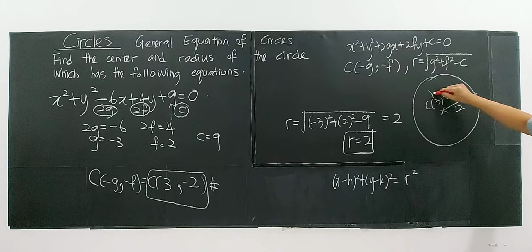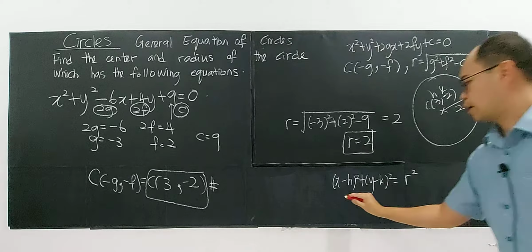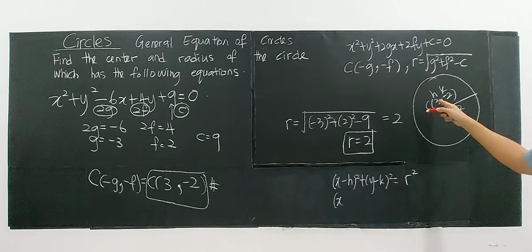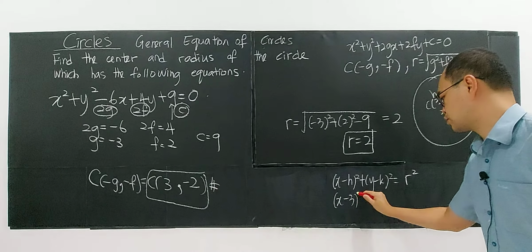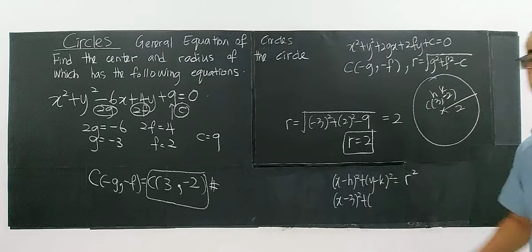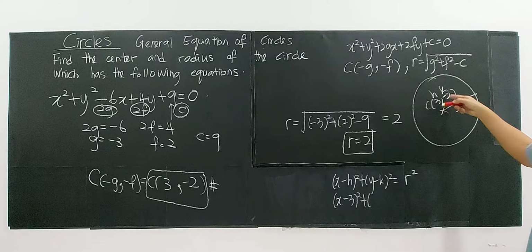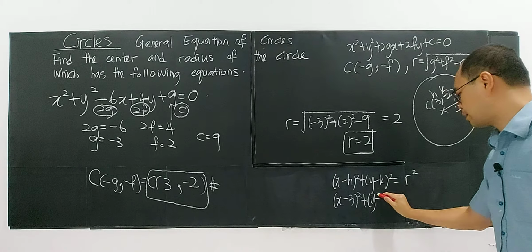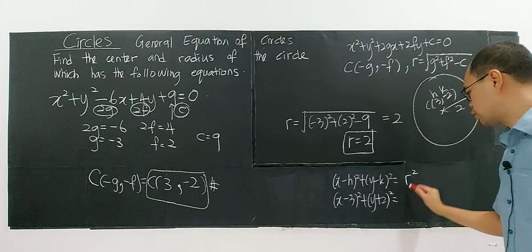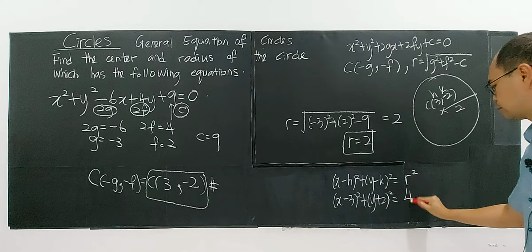So the center, this will be your h, k, right? So x minus h, x minus 3 squared plus y minus k, y minus negative 2, you have y plus 2 squared, which equals the radius squared, 4, right?